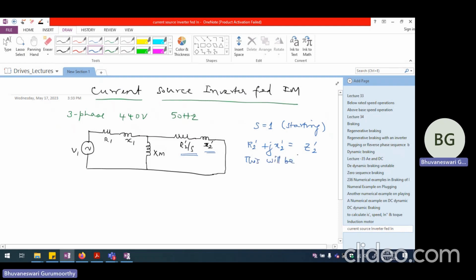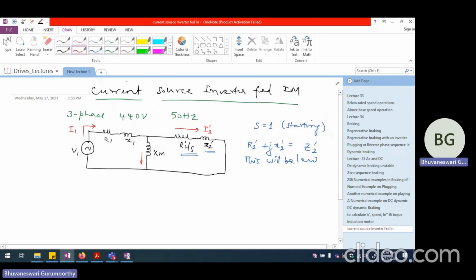Because this is really low, the current taken by the rotor circuit, if I may call this I2 dash during starting, is going to be really, really large. The magnetizing current may not be that large, but because of the rotor current being large, normally voltage fed induction motor drives take a huge amount of starting current. That's why we say that generally the starting current of the induction motor is anywhere between 6 to 8 times that of full load current, right?